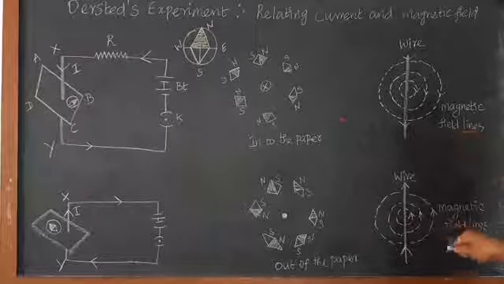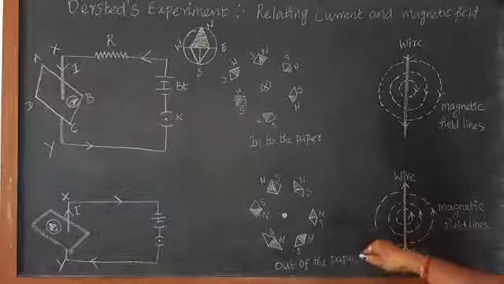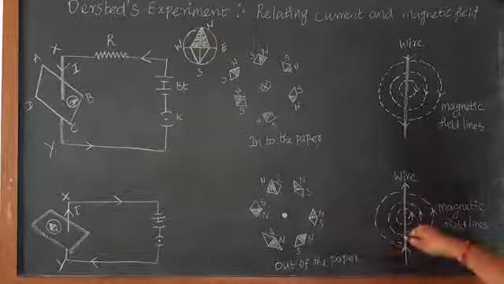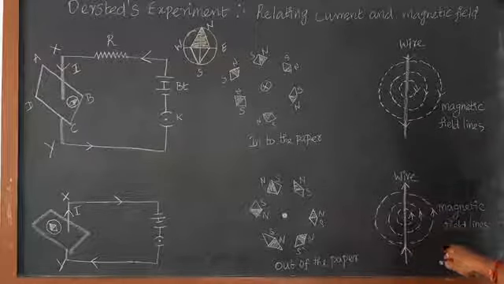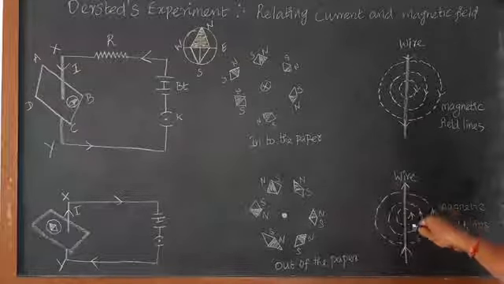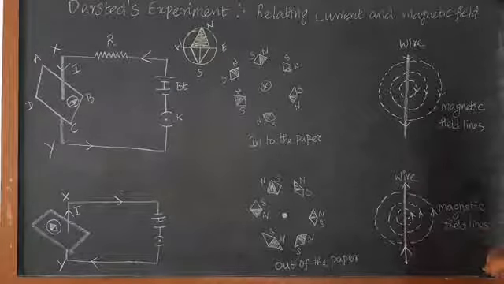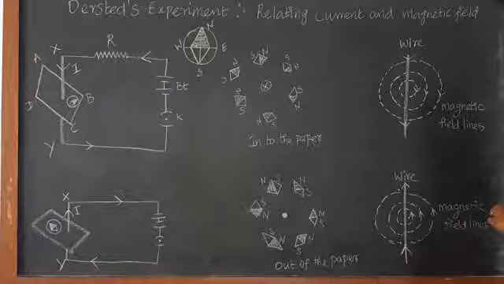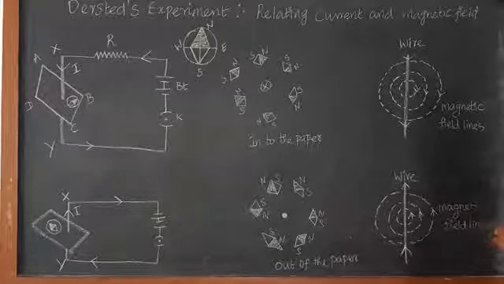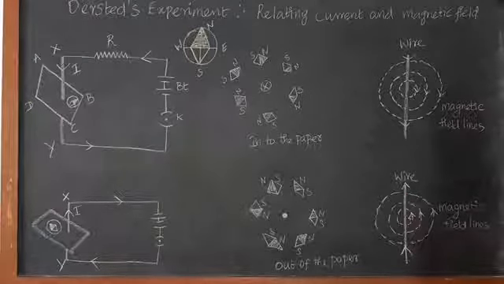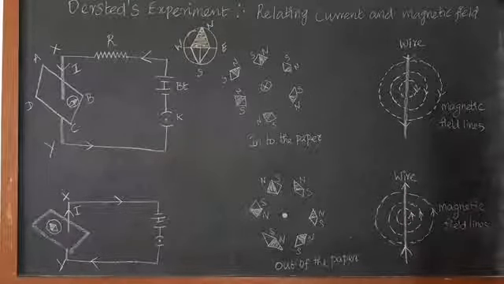And for the second case, if I change the direction of the current, what will happen? The deflection also changes, right. Look here, all the north poles are rotating in the anti-clockwise direction. Here the current direction is from the bottom to top, which we call out of the paper. So, look here, the magnetic field direction is clockwise, but here the magnetic field direction is anti-clockwise, right.